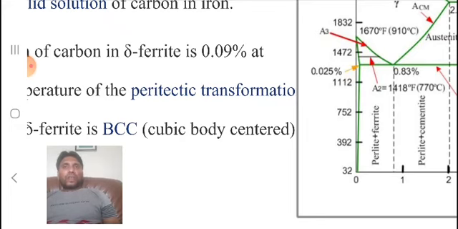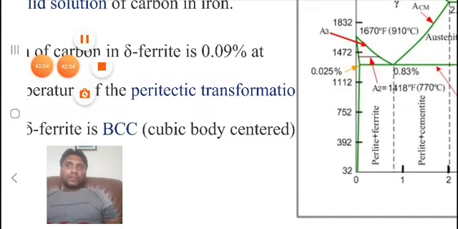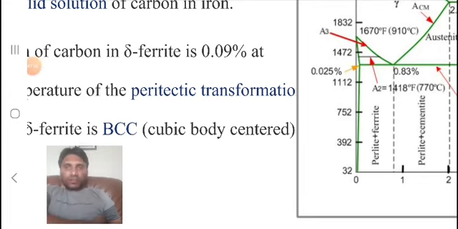So hypoeutectoid steels are softer than hypereutectoid steels. The reason is that in hypereutectoid steels there is an intermetallic compound called cementite. Because of the presence of cementite, hypereutectoid steels are stronger and harder than hypoeutectoid steels. So this we need to remember.